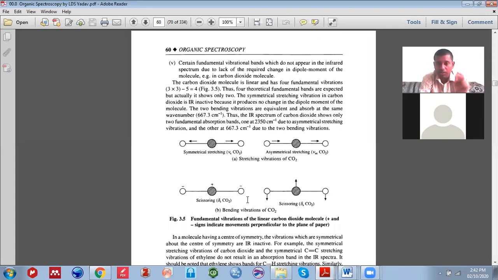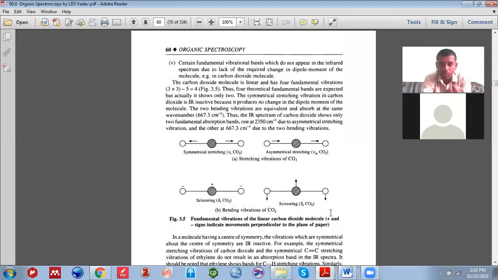Scissoring means this oxygen and this oxygen. In this linear molecule, this oxygen can move in and out of plane. See, one kind of vibration. Another kind is if carbon goes in this direction in the same plane, and the oxygen goes in the downward direction.